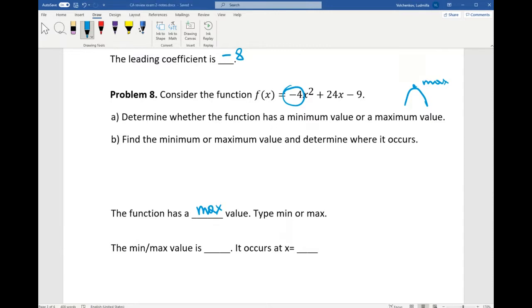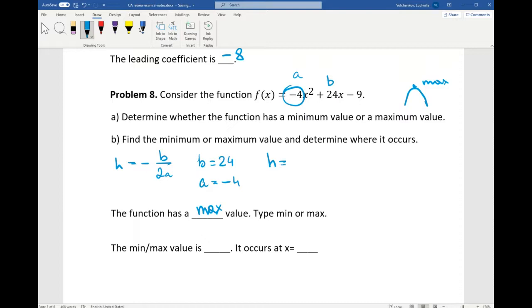Now let us find this maximum value. We know the formula for the x-coordinate of the vertex, -b divided by 2a. So what is b, what is a? b is the coefficient of x, and a is the coefficient of x squared. So b equals 24, and a equals -4.